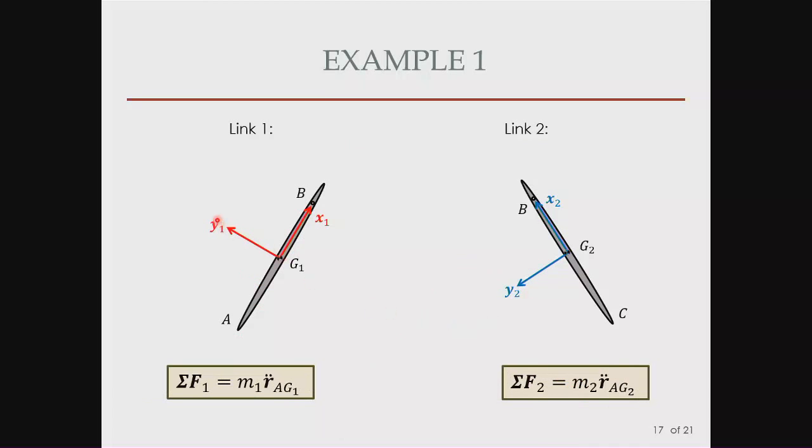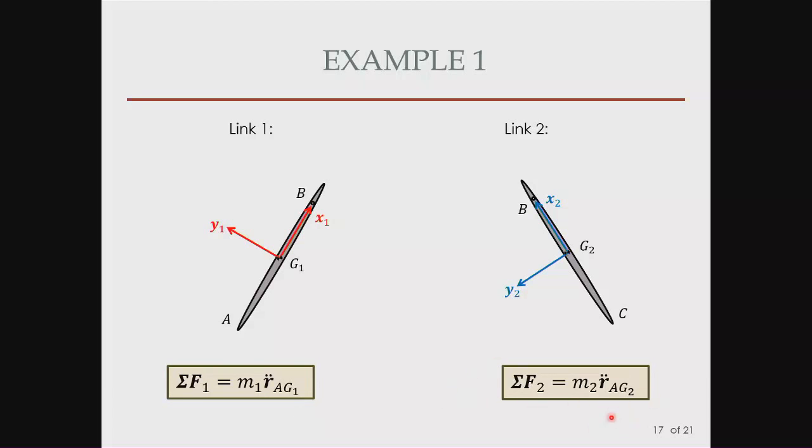Now, this red frame is attached to this link, but you can write this equation in any frame you like. You are not constrained to any particular frame, because this sum of forces is a vector. This acceleration is a vector. You can write these vectors in any frame you want.